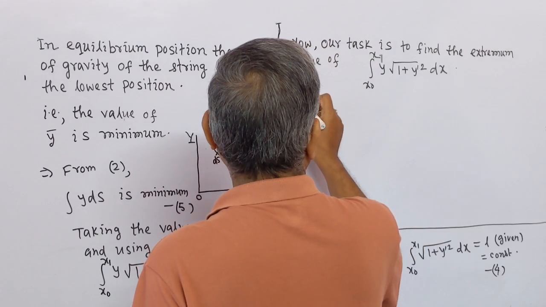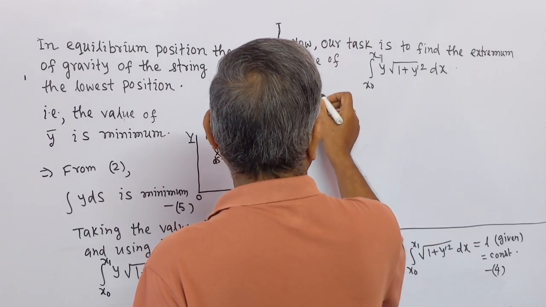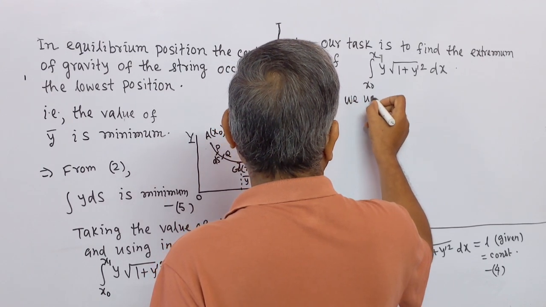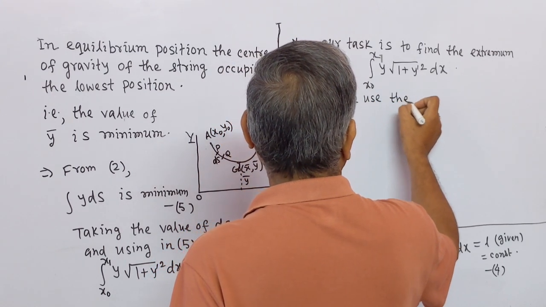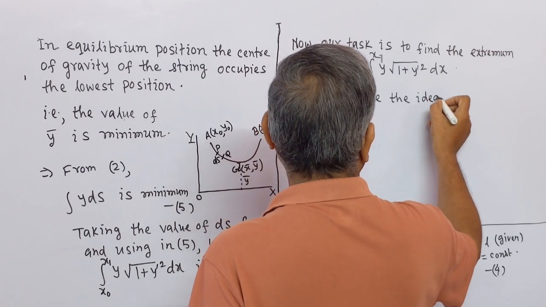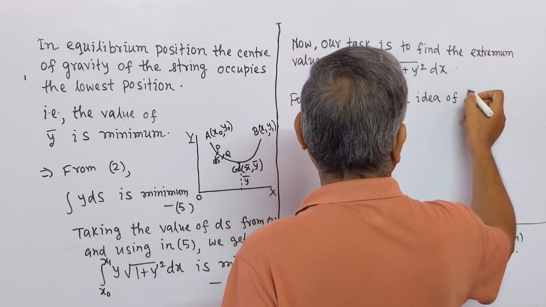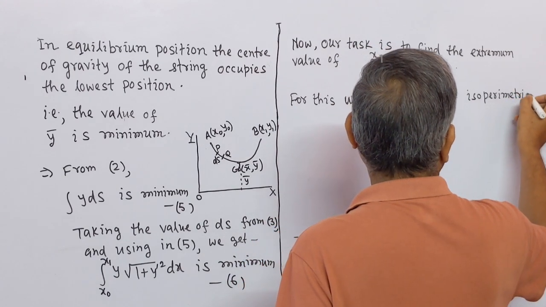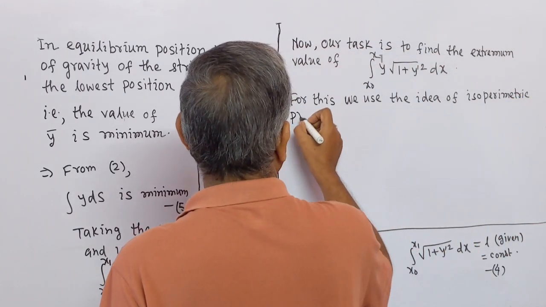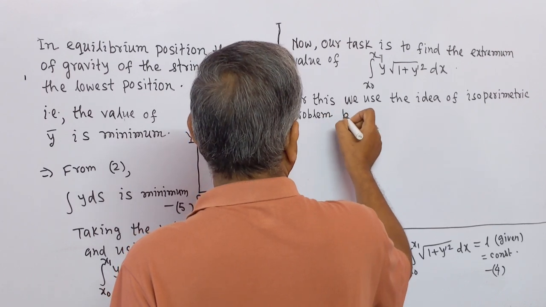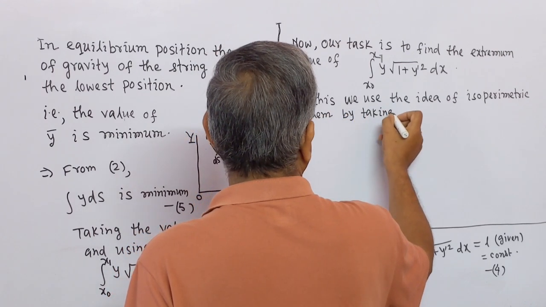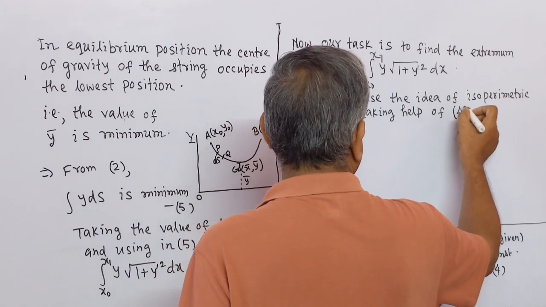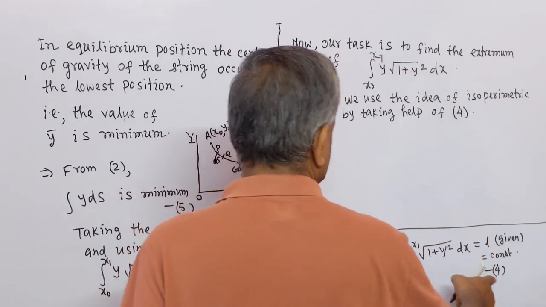For this we use the idea of isoparametric problem by taking help of 4 here.